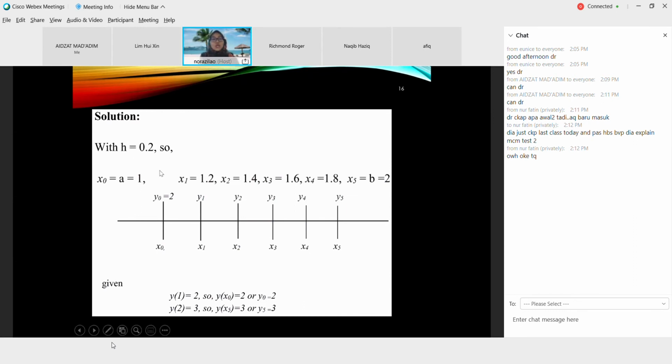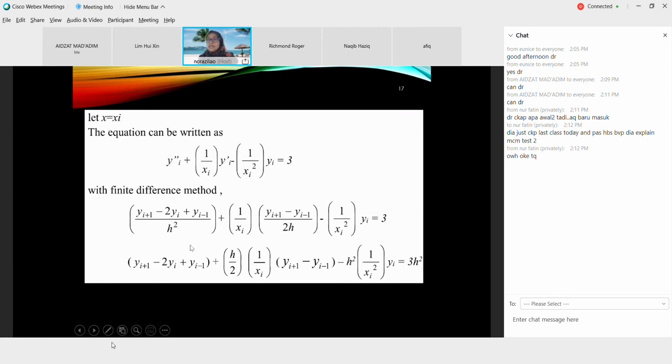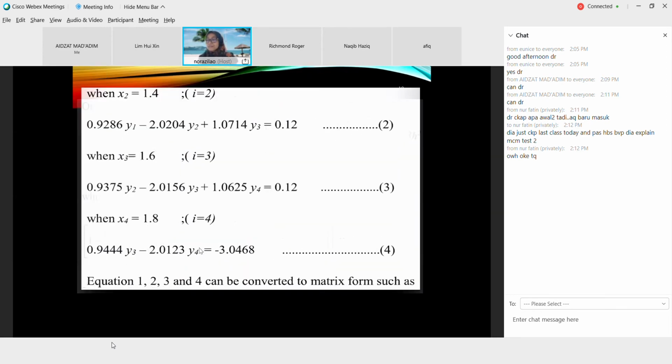Okay, so this is the solution. So you must show your grid. Okay, grid. So you must draw this one. So X node, X1, X2, and so on. Okay, you made that this a solution.